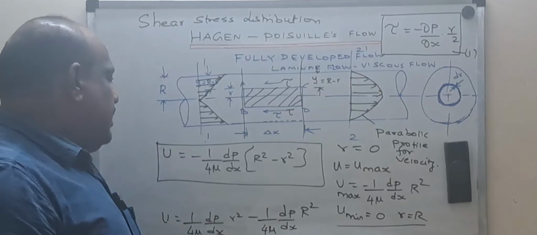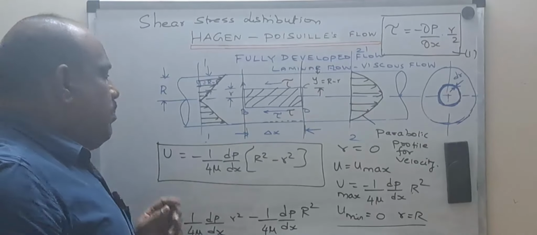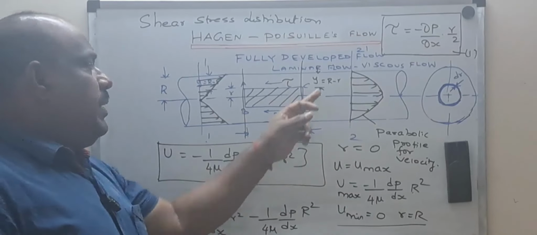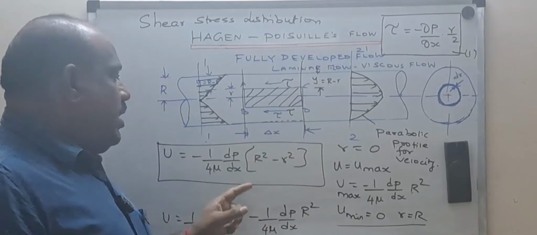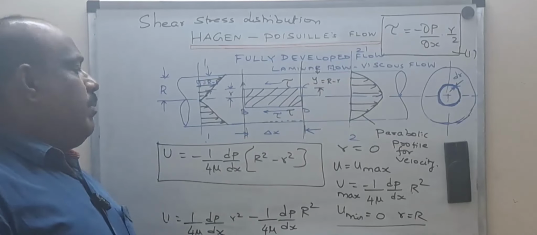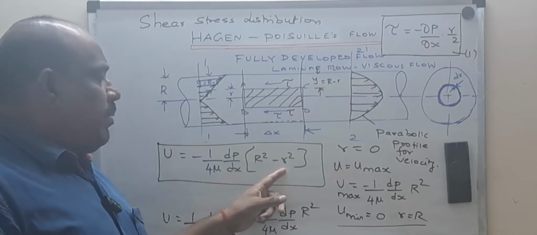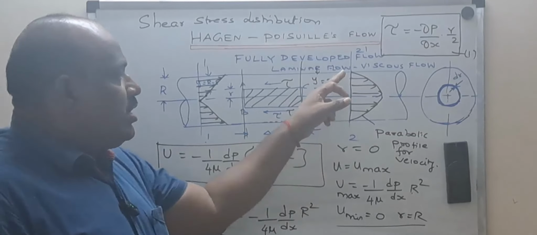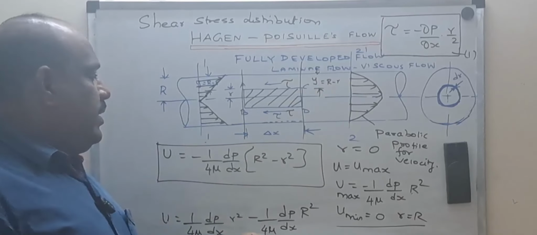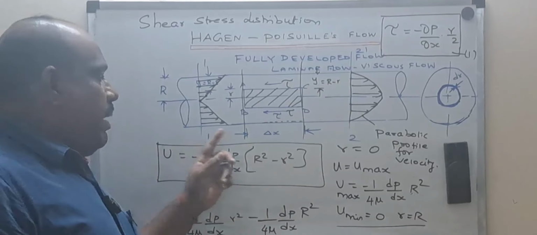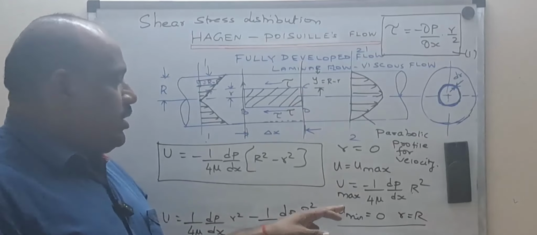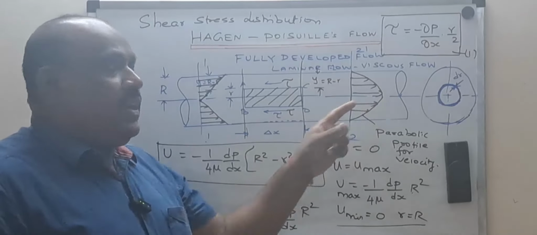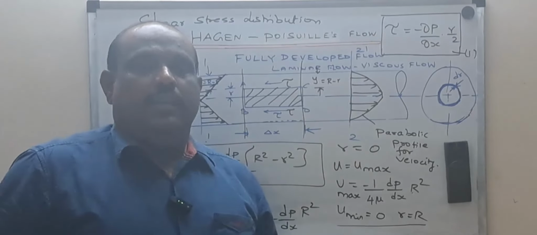This profile takes the form of a parabola, and it will be minimal at the walls, because there small r becomes capital R and hence u becomes 0. When small r is equal to 0, I get the maximum velocity, u max equals minus 1 by 4 mu of dp by dx of capital R squared. So the velocity is maximum at the center.